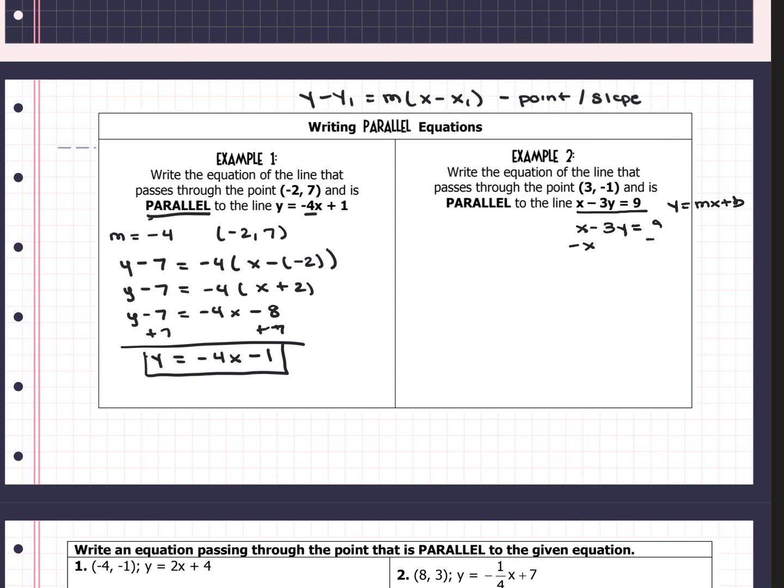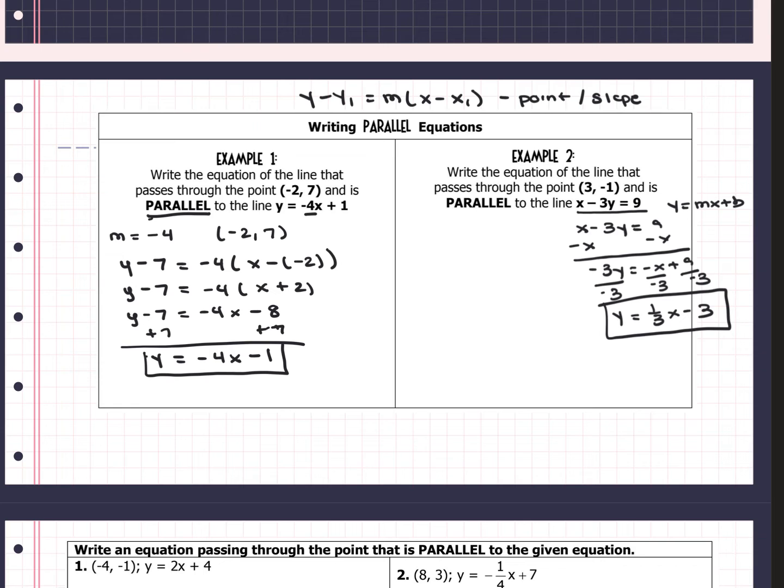So I'm going to subtract x from both sides. Going to divide both sides by -3. So I get y is equal to 1/3 x minus 3. Remember, when the equation is in standard form, you cannot determine your slope.